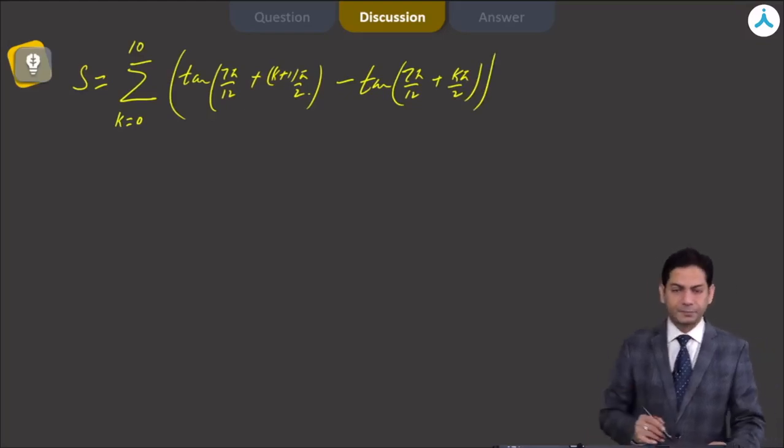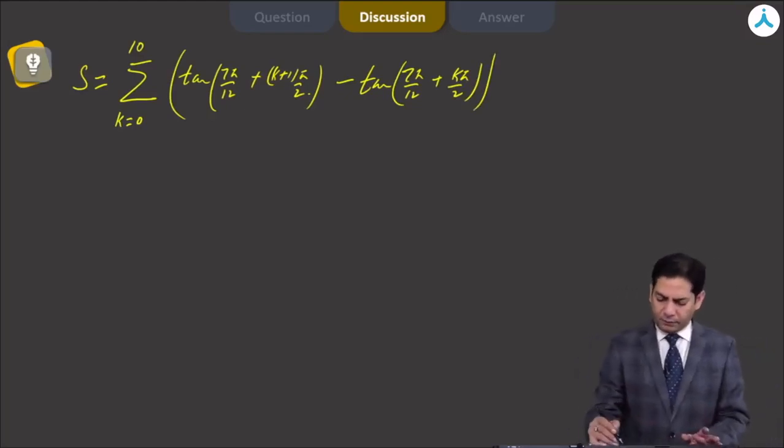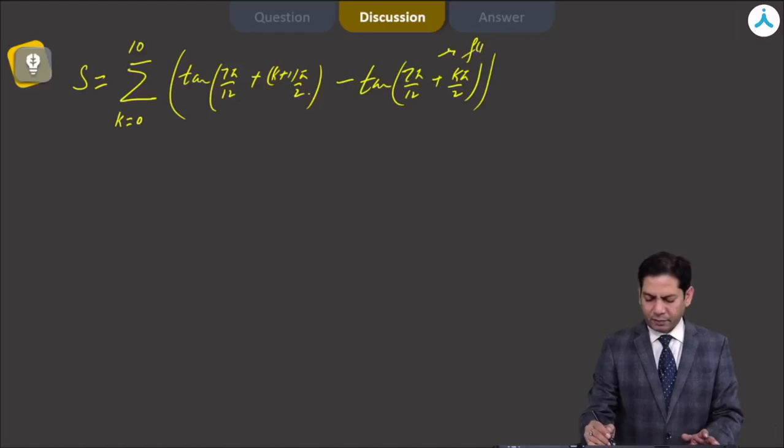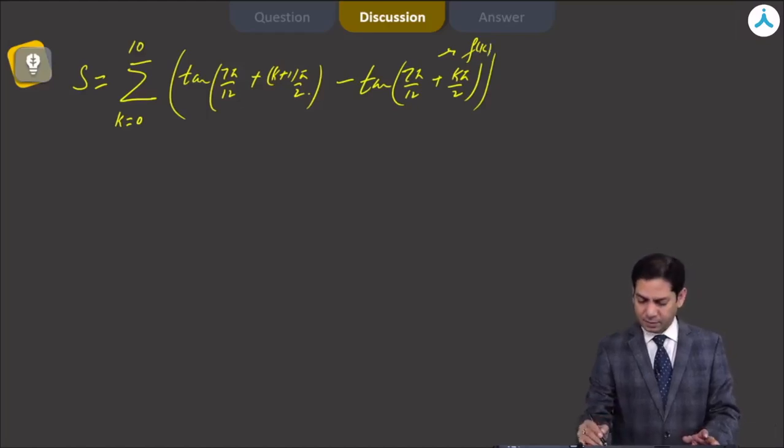Now if you take this function as f of k, this is simply the summation of f(k plus 1) minus f(k) for k equal to 0 to 10.